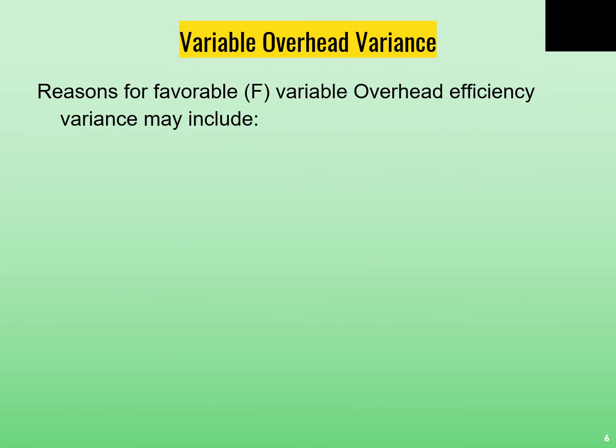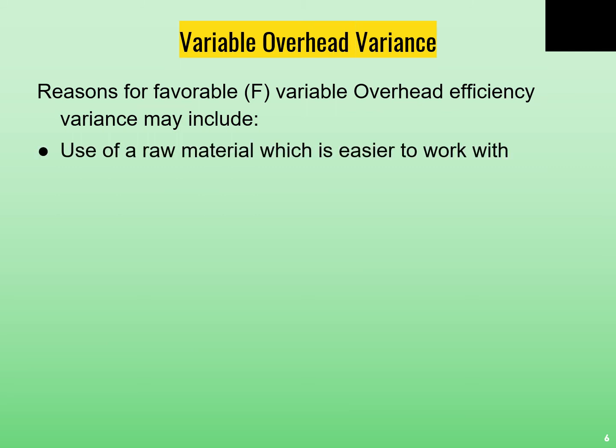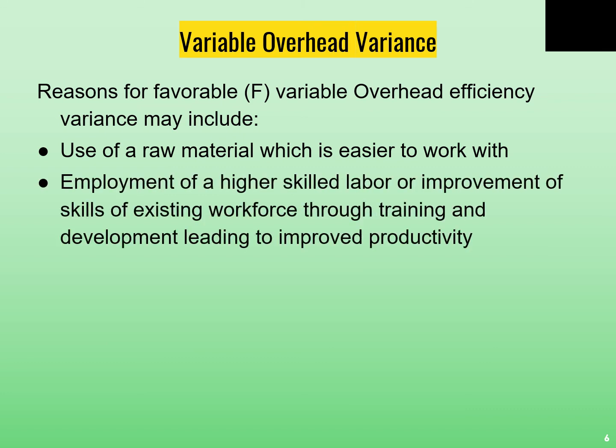Reasons for favorable variable overhead efficiency variance may include use of a raw material which is easier to work with, employment of a higher skilled labor, or improvement of skill of existing workforce through training and development leading to improved productivity.